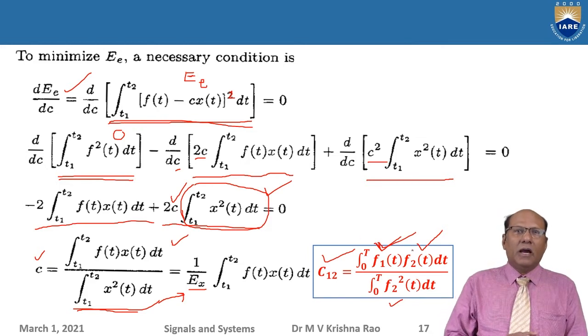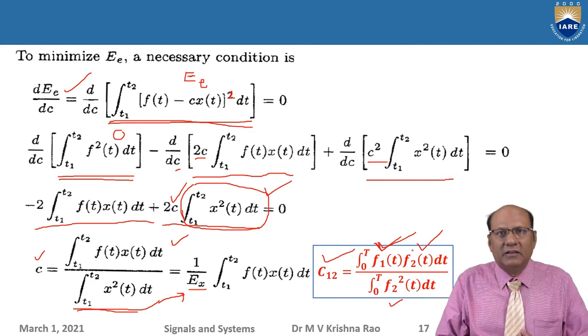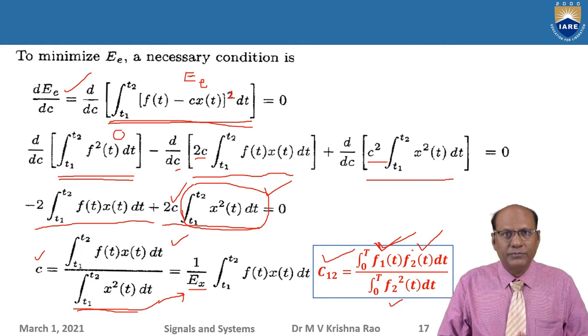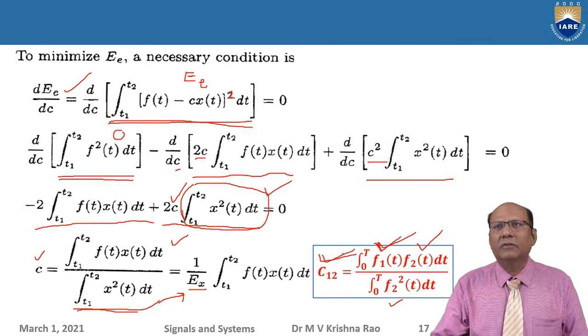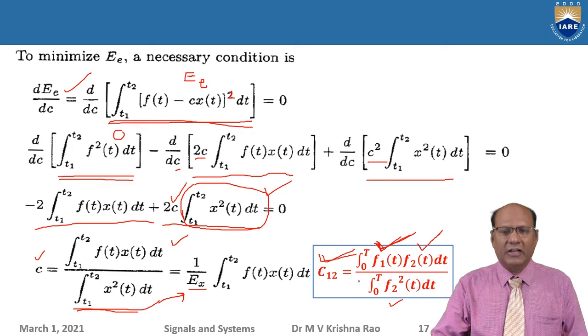So I am trying to approximate the signal f1 in terms of f2. That is the corresponding coefficient, or fraction of the signal, to approximate here. So this is the generalized equation.